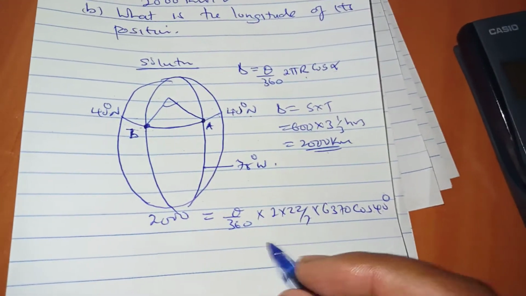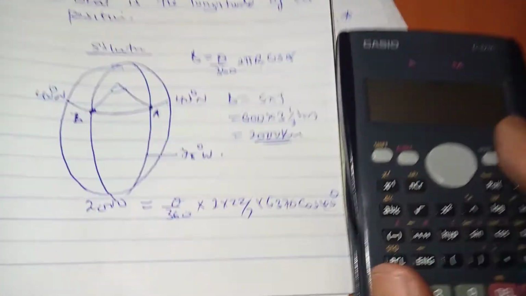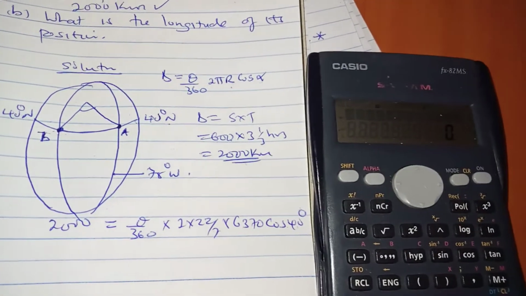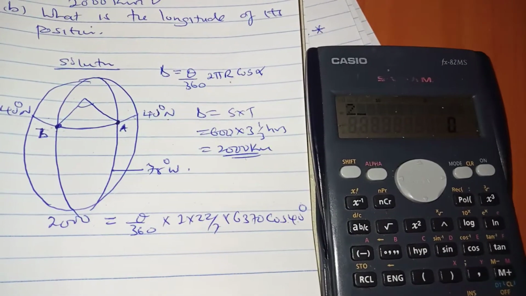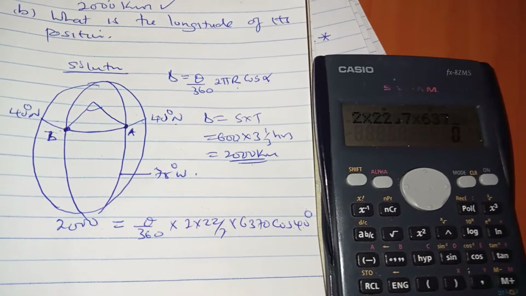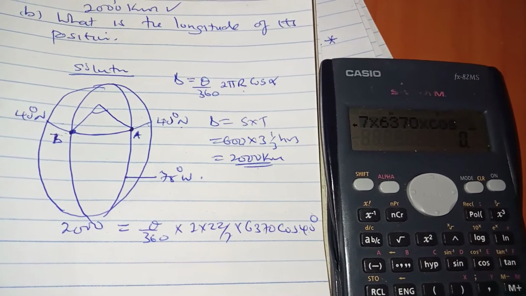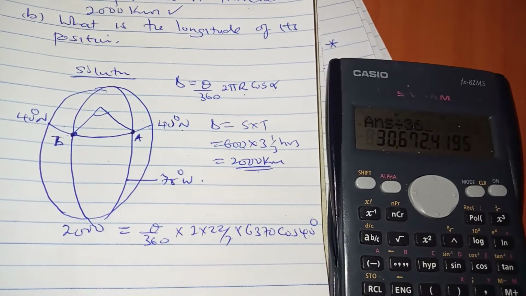Then when you multiply, allow me to use a calculator. I will use this side first. So we have 2 times 22 over 7 times 6370 times cosine of 40. With that, I then divide by 360.